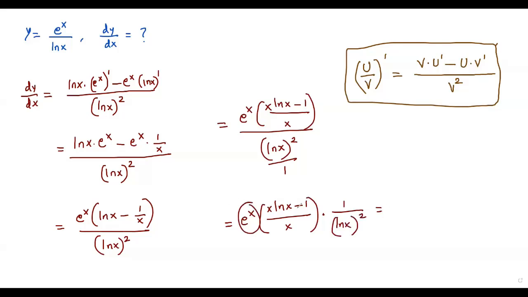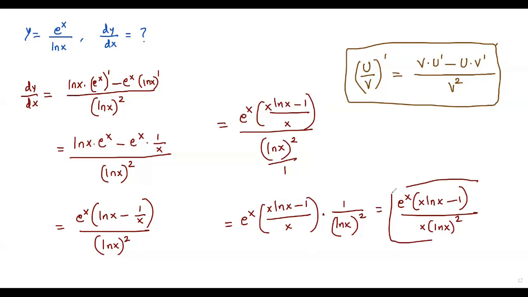So when I multiply these, I'm getting e to the x power times ln x minus 1 over, when I multiply the two denominators, x times ln x the whole square. So this is the derivative of the given function with respect to x.